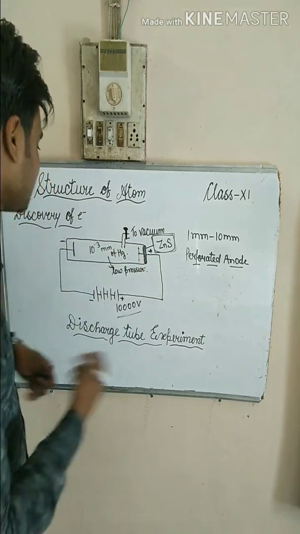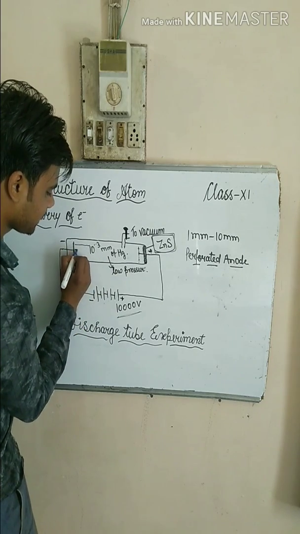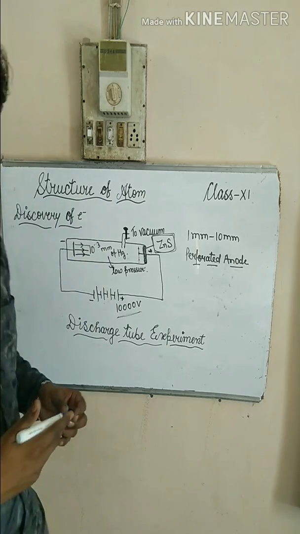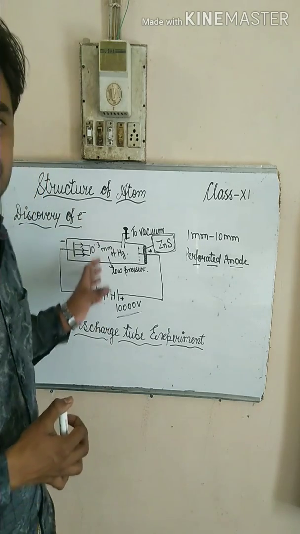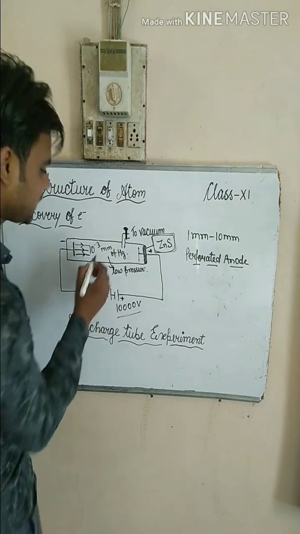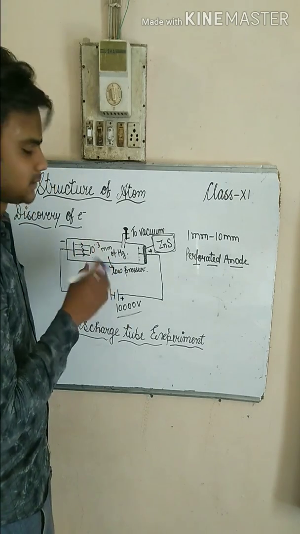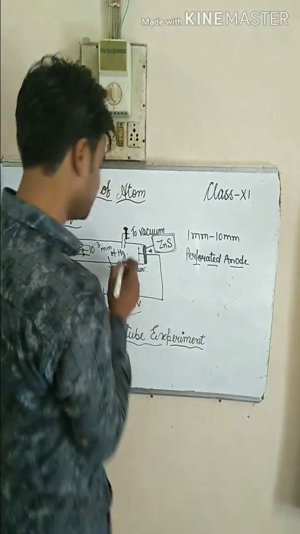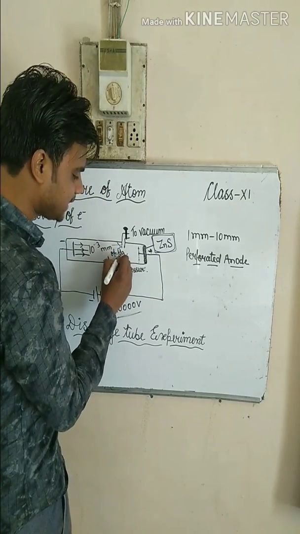And the rays start moving from cathode to anode. But these rays are invisible. You all know the speed of the cathode rays is very high. So at very high speed they will move without any disturbance.